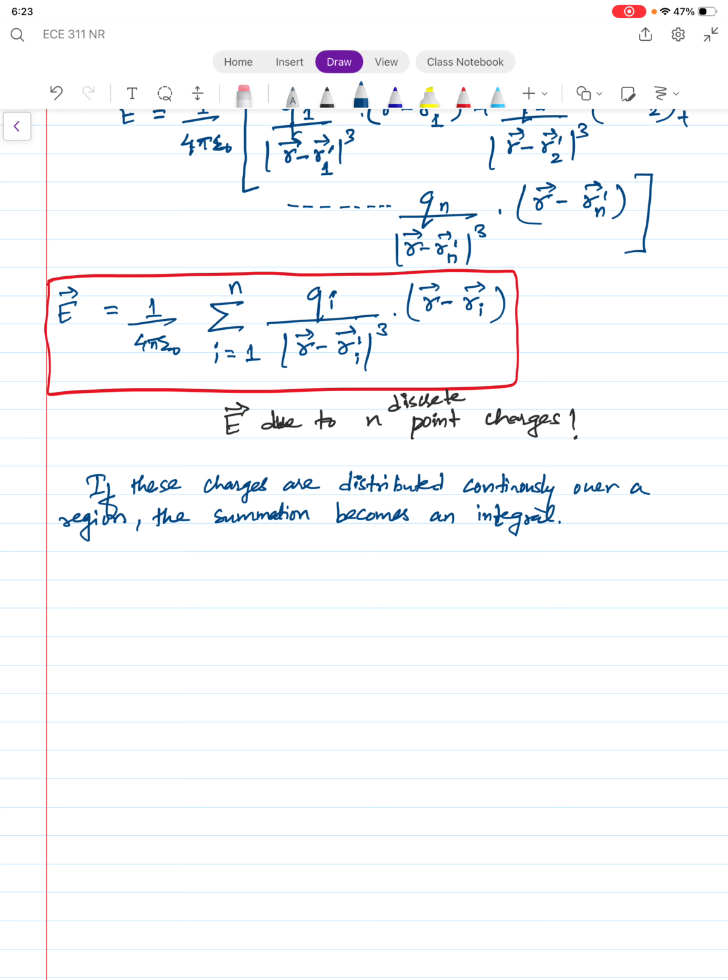So now this electric field can be written as 1 by 4 pi epsilon 0, the summation becomes integration, r minus r prime remains as it is, on the denominator I have r minus r prime cubed, and instead of q we will have dq.